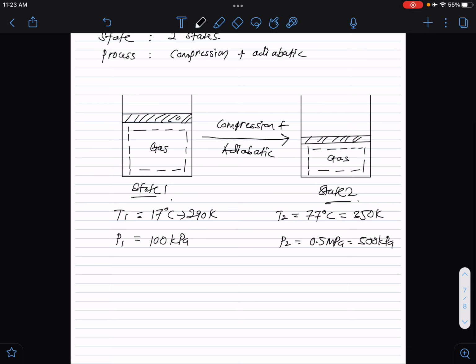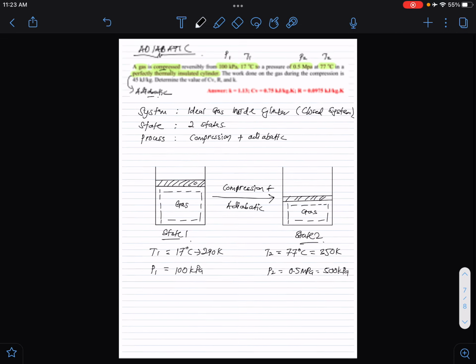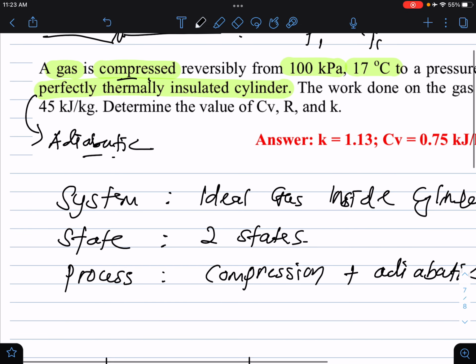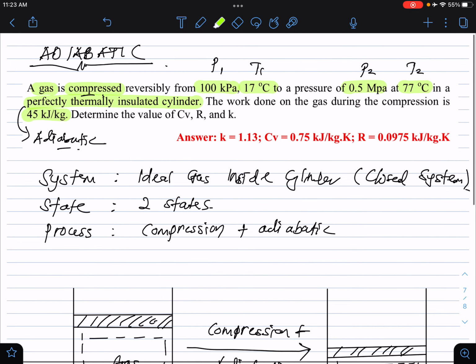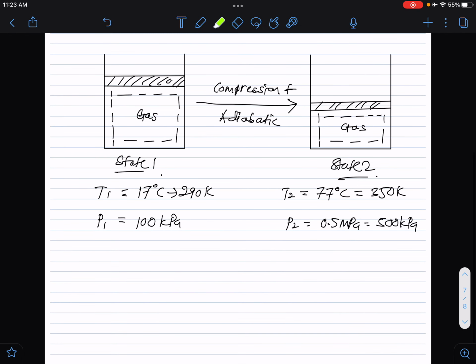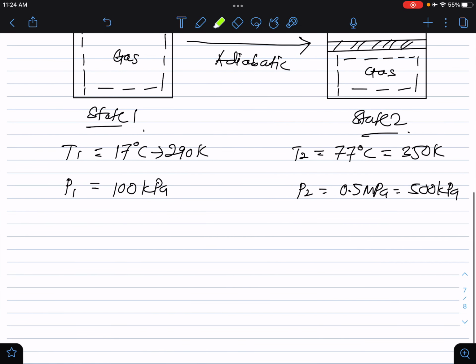So we can use several equations related to the adiabatic process. Here it gives you the value of the work done on the gas during the compression. The value is 45 kilojoule per kilogram, so this is basically the work per unit mass during the compression process.